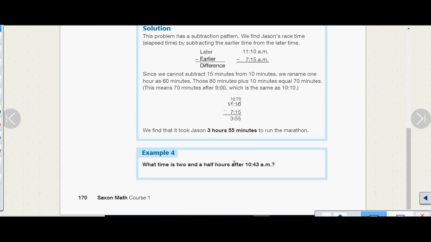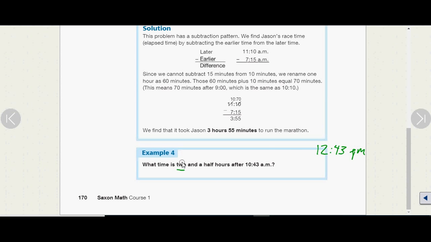What time is 2.5 hours after 10:43? A couple of ways you can think about that. I think the best way is just to think it through, looking at a clock. 10:43 in the morning, 2 hours later, 11:43 passes into 12:43, and then I have to change it from AM to PM.